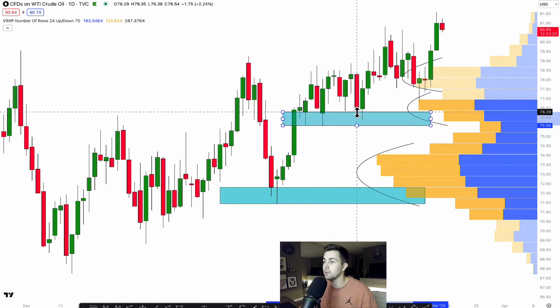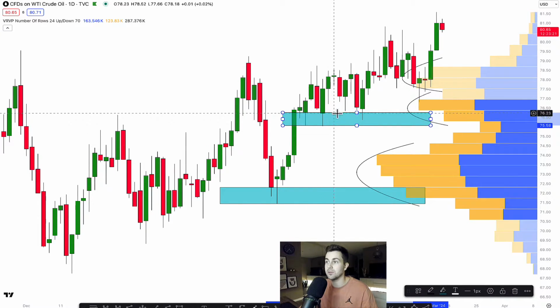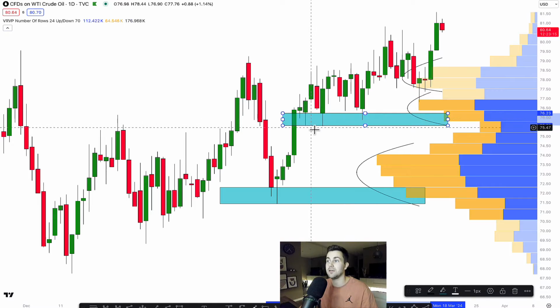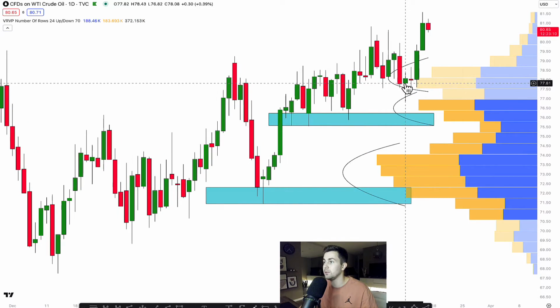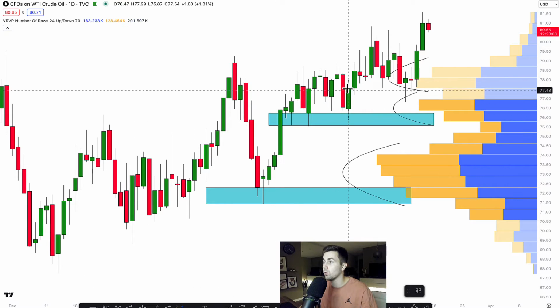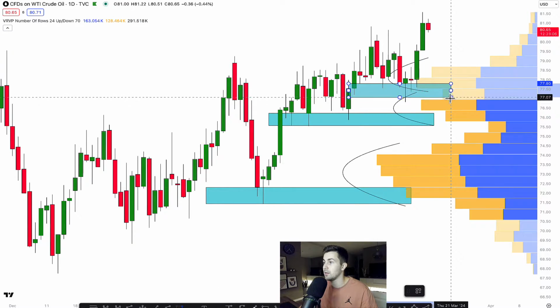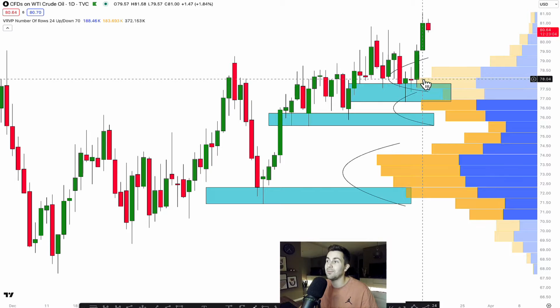So we underline that area based on the wicks and the candle closes, and you can see that here is our second liquidity zone. Our third liquidity zone will be right here. Again, you can see that that is the structure that matches with our high volume node.